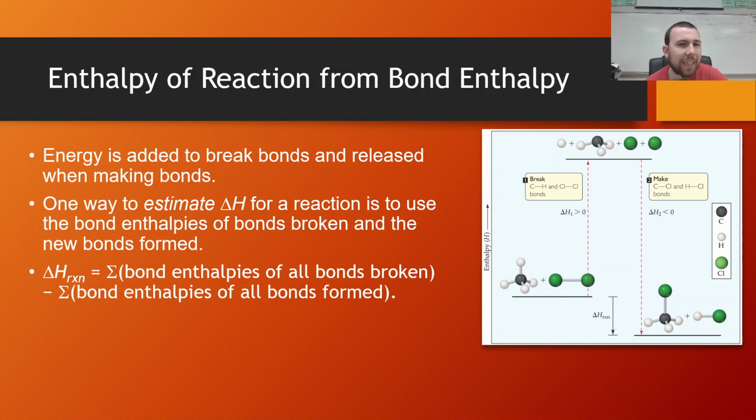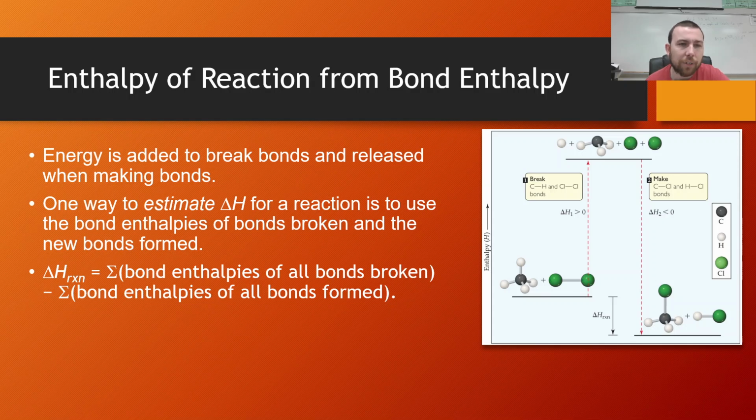And so one way that we can estimate delta H is we can use bond enthalpies of the bonds broken and the bonds formed. Now, that means that you're essentially looking at the bond enthalpy of the reactants minus the bond enthalpies of the products, right?